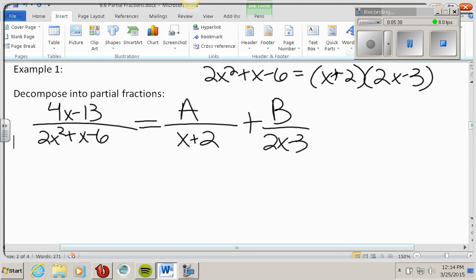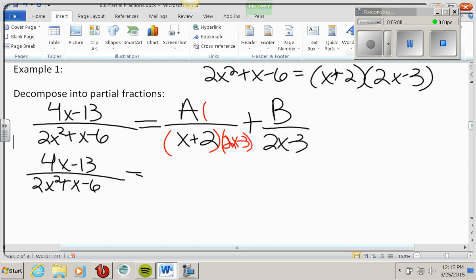The next step is to combine the two fractions on the right. So let's write this over, 4x minus 13 over 2x squared plus x minus 6 equals, we know that to combine two fractions, they need to have the same denominator, so we would go ahead and multiply this denominator by 2x minus 3.